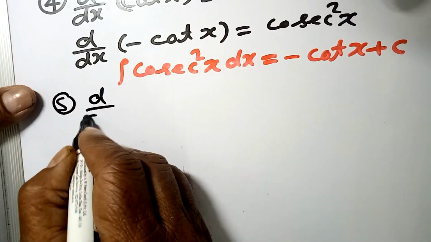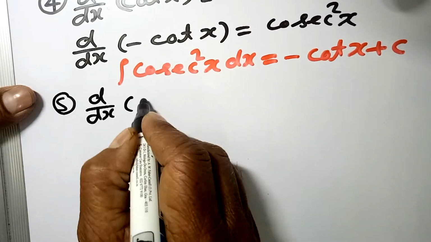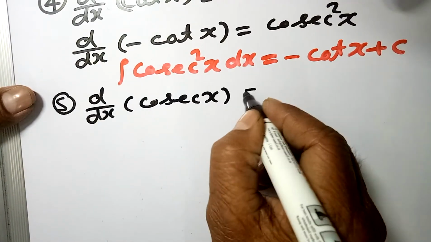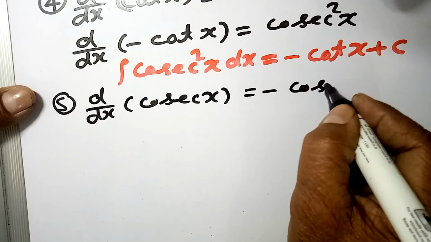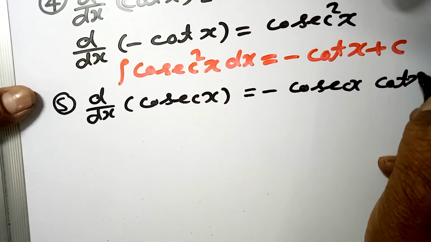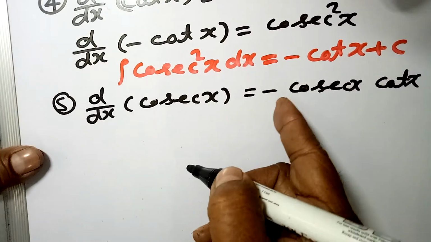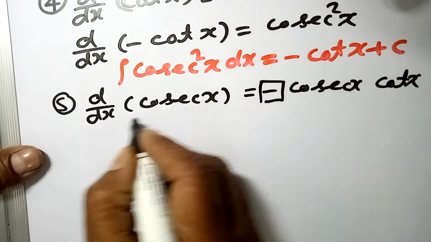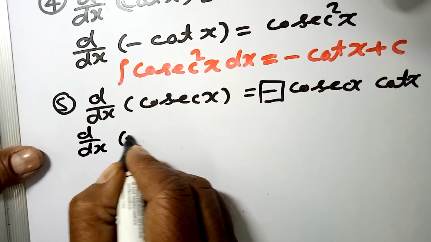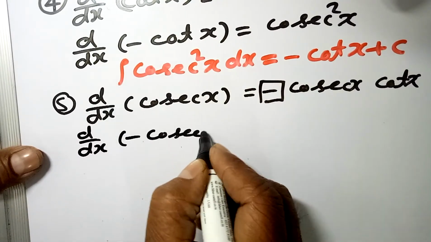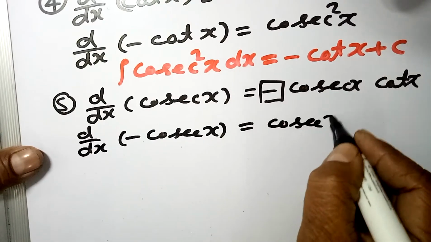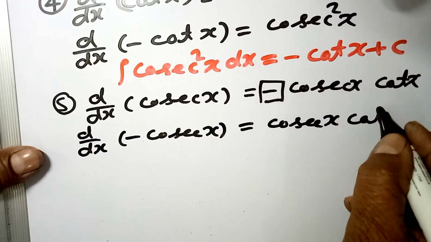Derivative of cosec x is equal to minus cosec x into cot x. That negative can be adjusted on the left side and we have d dx of minus cosec x is equal to cosec x into cot x.